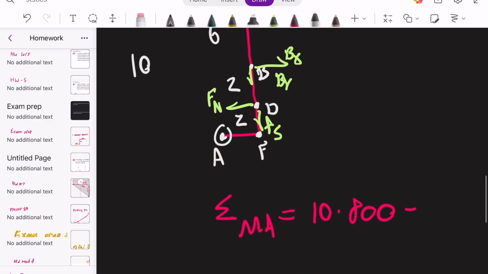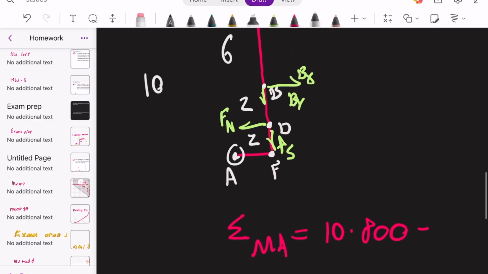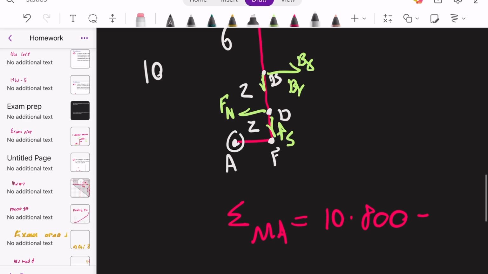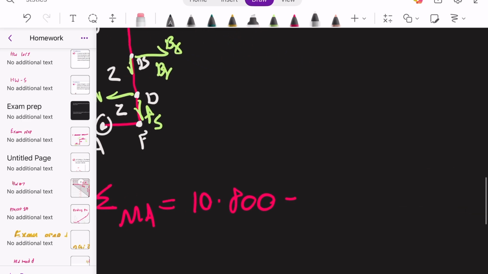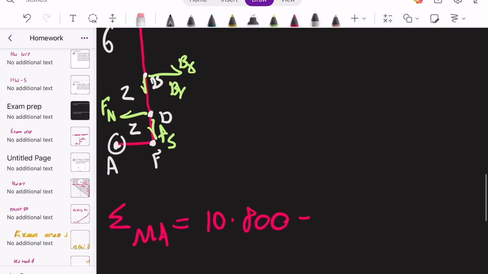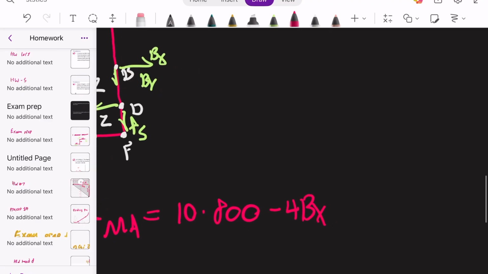So we're just going to use either half of the radius to build that. And then, okay, sum of moments about B. Let's subtract Dx times 4, and subtract By times 2.